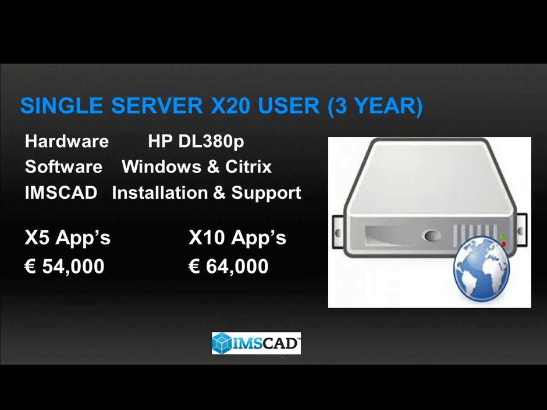So if we're talking a deployment of 10 applications for 20 users on a 3-year period, 64,000 euros is the kind of figure you would be looking at. Now, I think the key figure, and I'll point this one out, if you look at that on a per month per user figure, that works out at 89 euros.